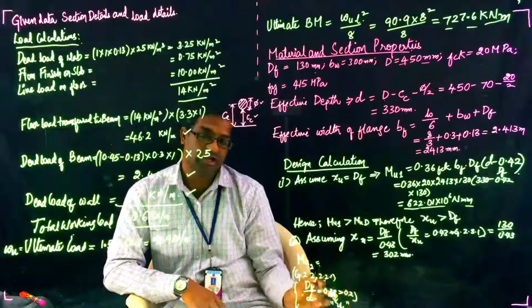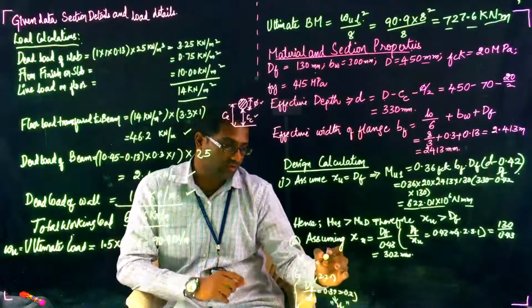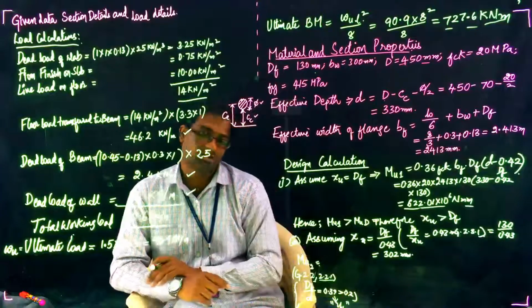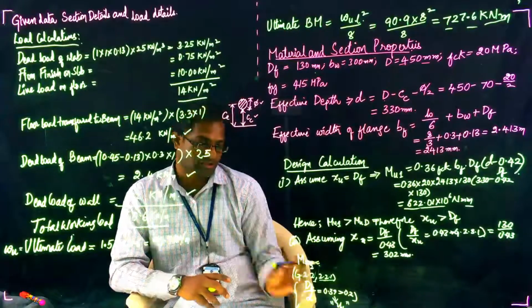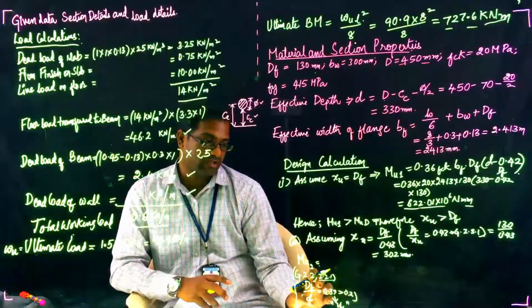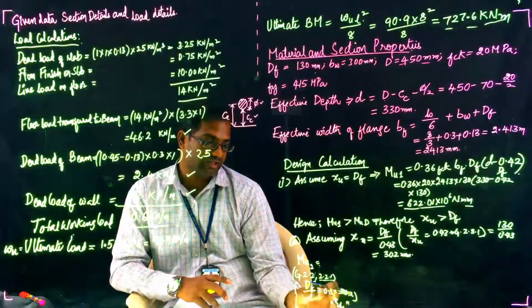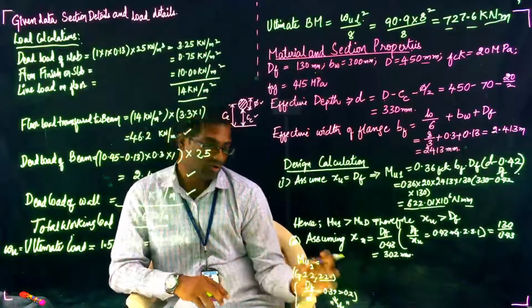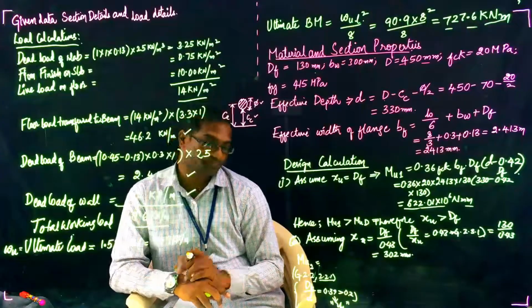Or if it is less than, then you have to take DF. So MU2 is given by, you need to follow clause G2.2.1. So the DF by D ratio will decide whether to go for the equation given in 2.2 or 2.2.1.